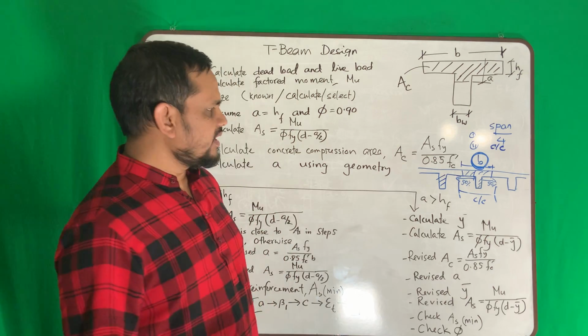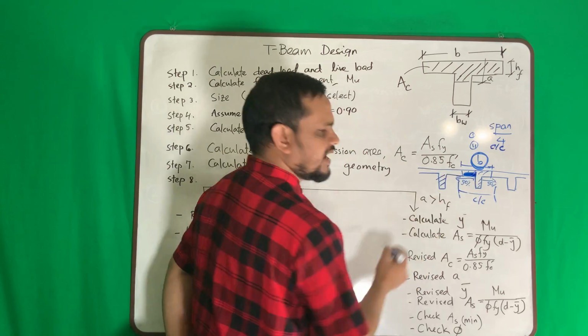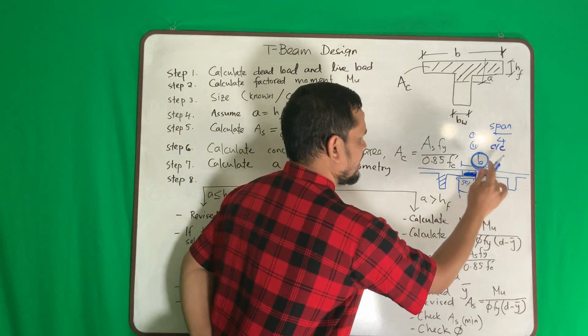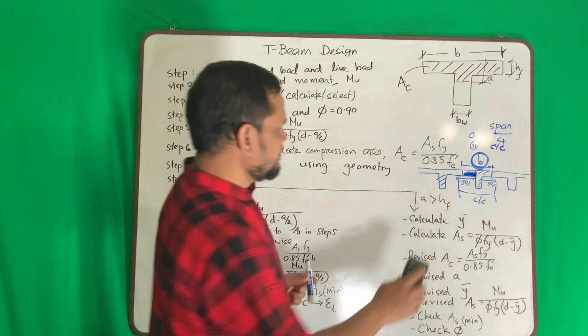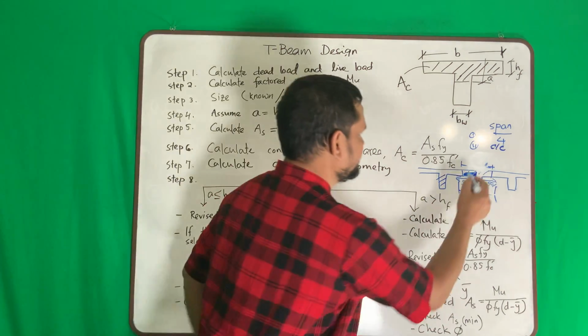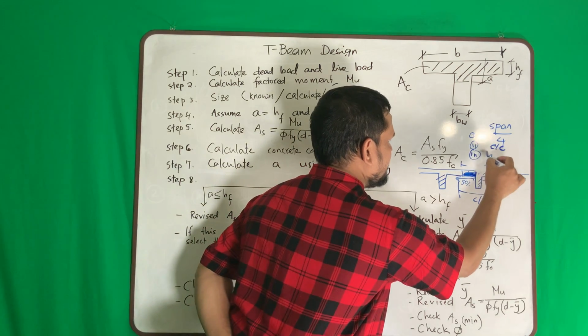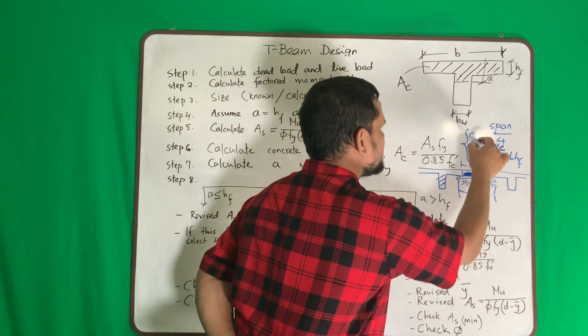So I simply call it CC. The other requirement is that from this side to this side cannot exceed 8 times the slab thickness on each side, or simply I can say BW plus 16 hf. So the smaller of these.